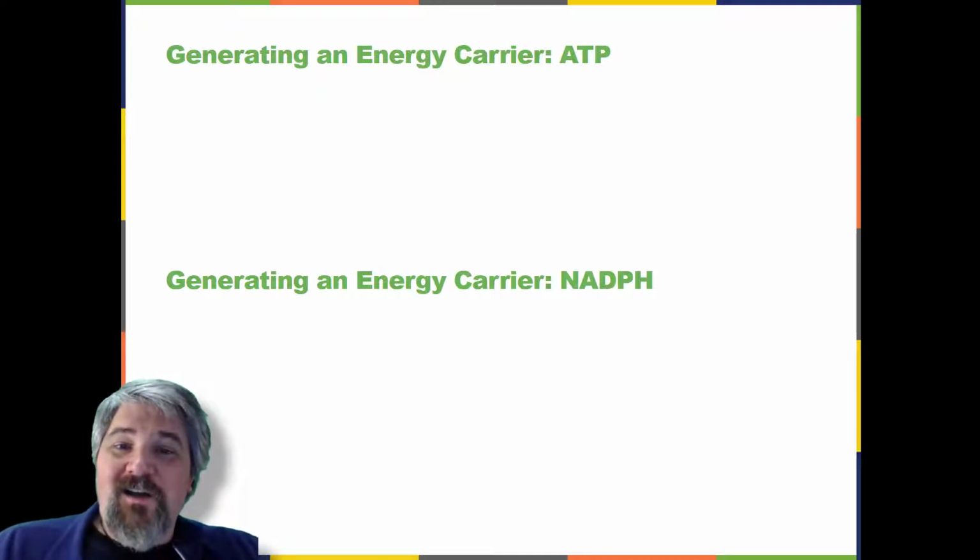The hydrogen ions are allowed to pass through the thylakoid membrane through an embedded protein complex called ATP synthase. This same protein generated ATP from ADP in the mitochondrion.